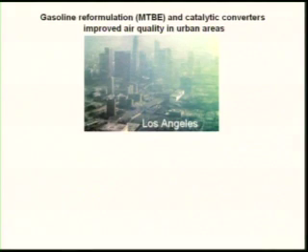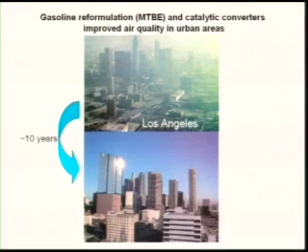In the United States, the Clean Air Act of 1990 mandated the use of certain oxygenates like MTBE, which make the combustion process cleaner. They reduce at least carbon monoxide and hydrocarbon emissions. And the use of MTBE, together with catalytic converters, did wonders for air quality, as you can see in these before and after pictures in LA.